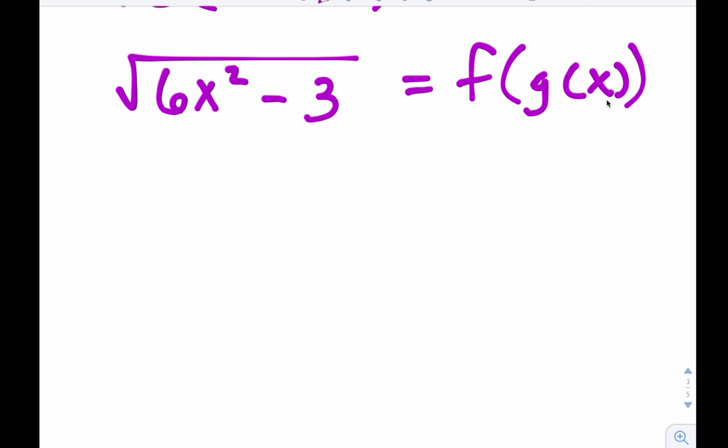Because to figure out the domain of this, I have to make sure what's inside my square root is greater than or equal to 0. Okay, so this is now a quadratic inequality, and we haven't really talked too much about that when we're doing these. So I'm going to run through it, but again, probably not going to see one that looks like this.